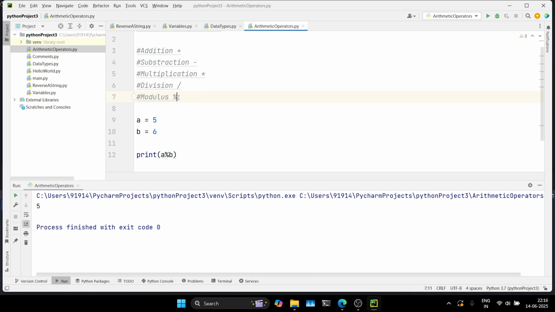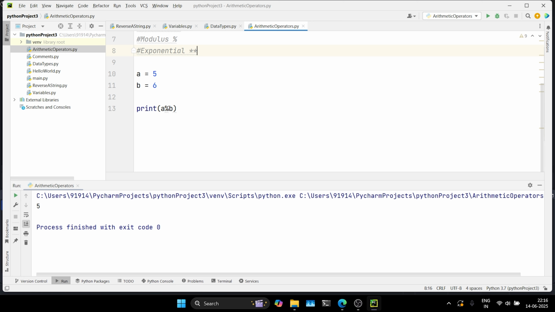The last Python arithmetic operator we will be covering is exponential. This will be denoted by double star. Let me take a small example. We'll see 2 raised to power 4.